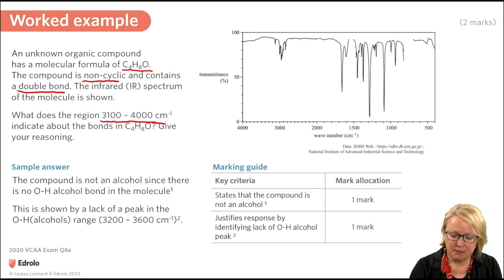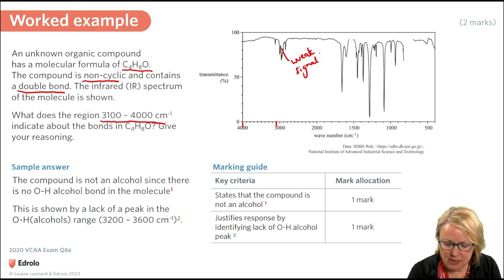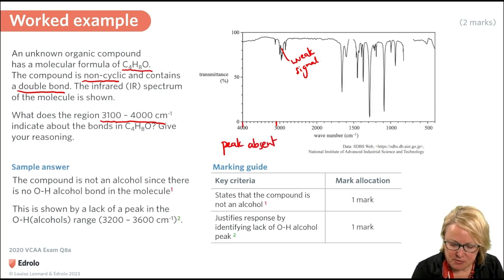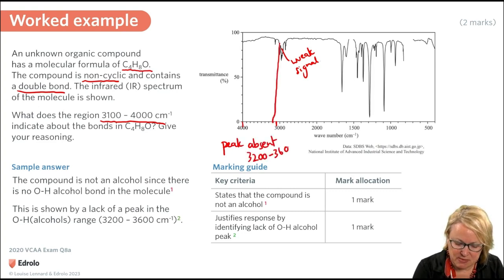Well, if we have a look at 3,100 to 4,000, we've got a very weak signal here. We really don't have much absorbance at all, so we say that there's a peak that is absent from 3,200 to 3,600, or to 4,000.